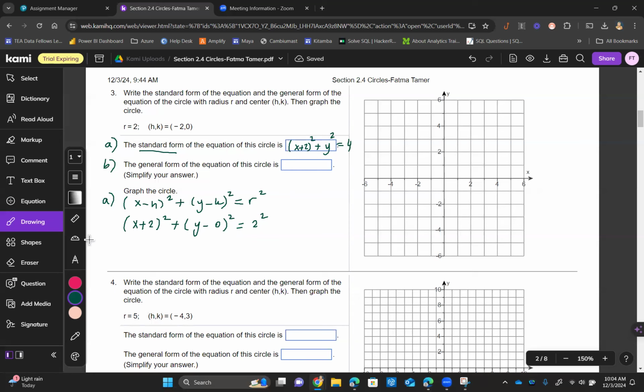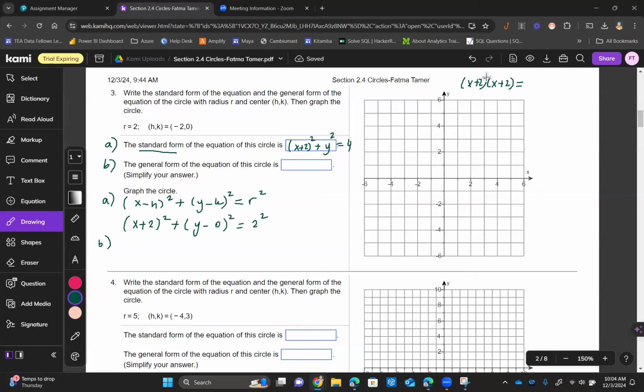For part B now, we are going to change this to a general form. Changing this to a general form means I need to expand (x + 2)². If you cannot expand (x + 2)² in your head, you should just take x + 2 and multiply it by itself. This is what (x + 2)² means.